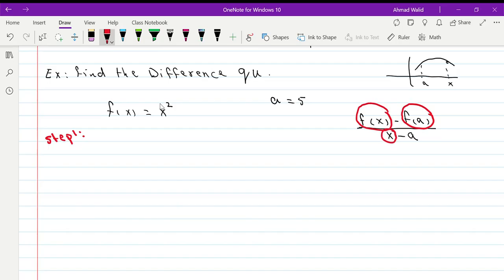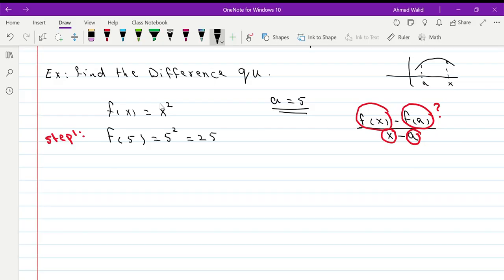You already know a. The only one that you are looking for is f of a, correct? The function is given as f of x equals x squared and a is equal to 5. Then I'm looking for f of 5. F of 5 equals 5 squared, which gives me 25.